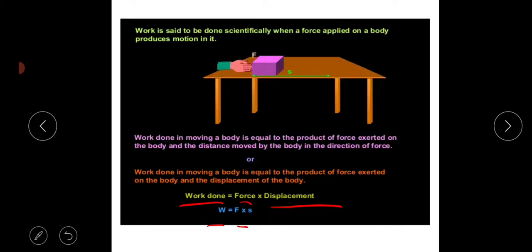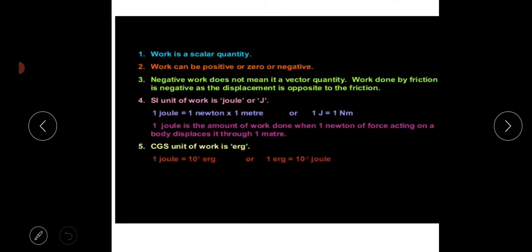As we all know, work done is equal to force into displacement, or W equals F into S, where W is work done and SI unit of W is Joule, F is force and SI unit of force is Newton, S is displacement and SI unit of displacement is meter. So we can say that 1 Joule is equal to 1 Newton into 1 meter. So this is the definition of 1 Joule.